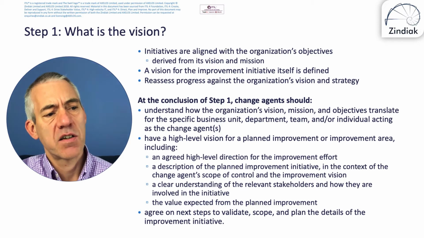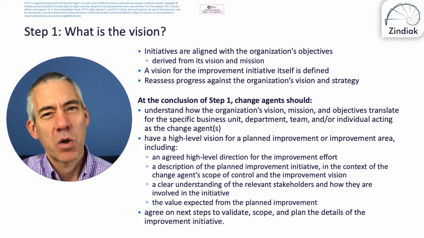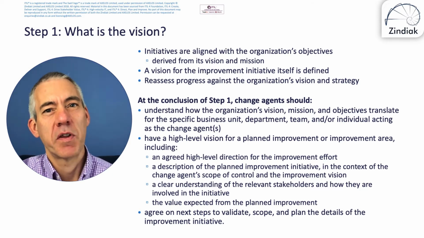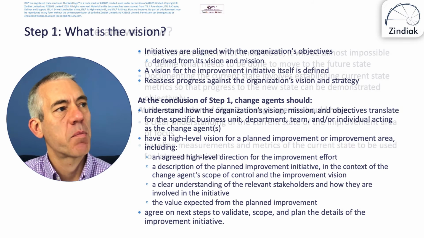And you can see just on this slide in terms of the conclusion, change agents should understand, have a high level vision and agree. So we'll see common words coming through there. As I said, I'm not going to go through that in detail, but you'll see common words about where we want to be at the end of each step.